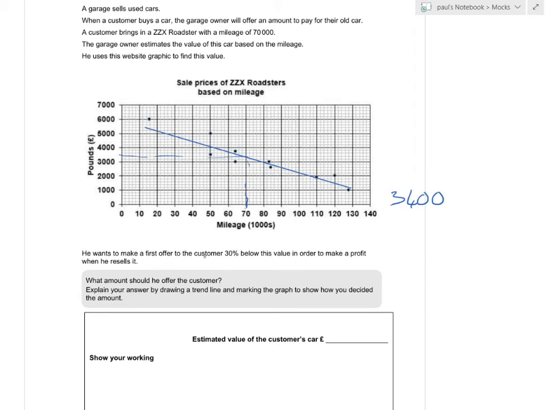And he wants to offer the customer 30% below this value. So find out what 30% is and take it away. So 3,400 times 30 divided by 100 is 1020. Now take that number away from 3400, and we get 2380.